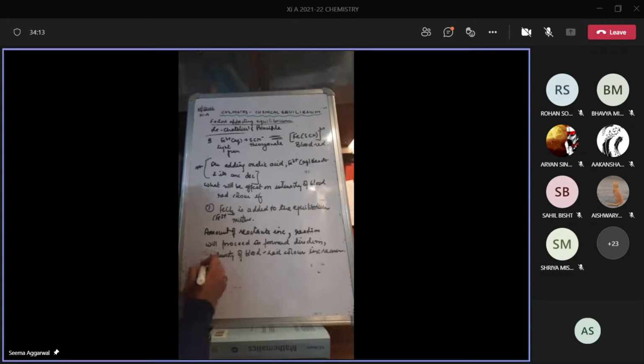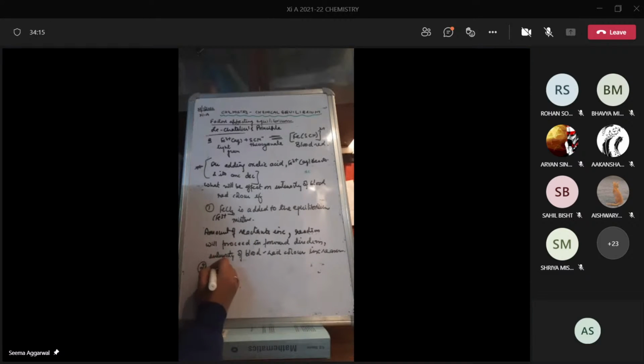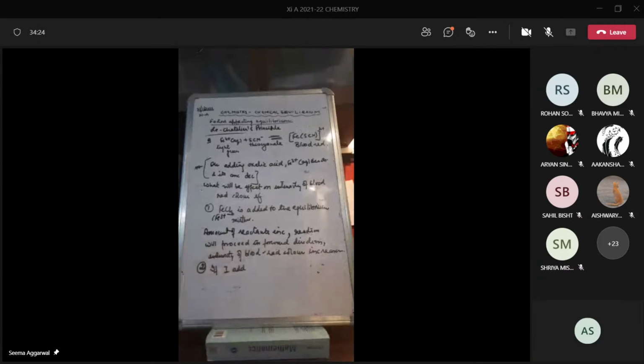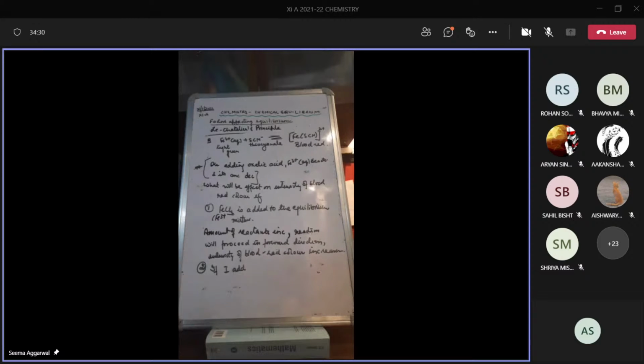Okay. Now second part, if I add... Let me take the NCERT part only. Okay, let's take an easier one.